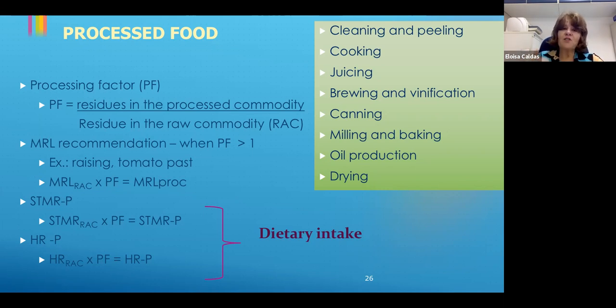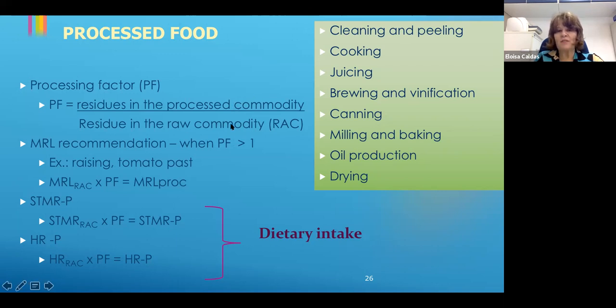And normally this trial has a much higher application rate than the GAP. And it doesn't matter actually, because there you really want to generate a sample with incurred residue that has quantifiable residue. Because when you process it, many of the processing procedures will lead to a decrease of the residue.